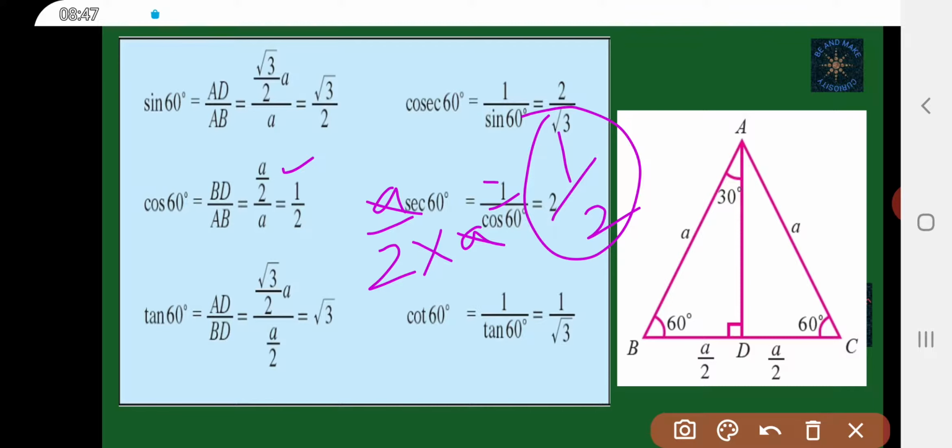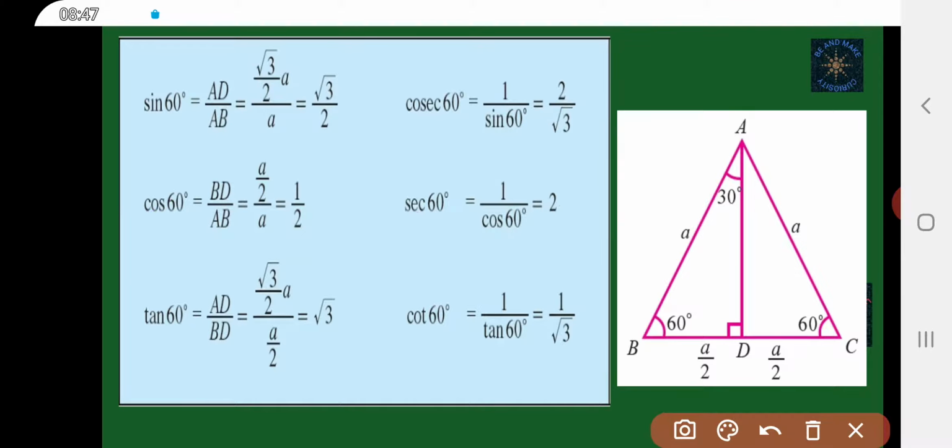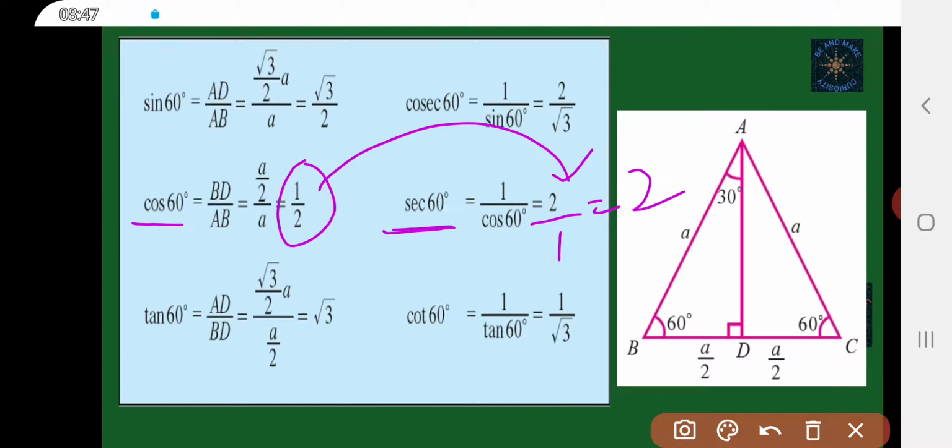So cos 60 degree is equal to 1 by 2. And sec 60 degree, what? Sec 60 degree is reciprocal of cos 60 degree. So reciprocal of 1 by 2 is 2 by 1, or you can write just 2. So sec 60 degree is equal to 2.